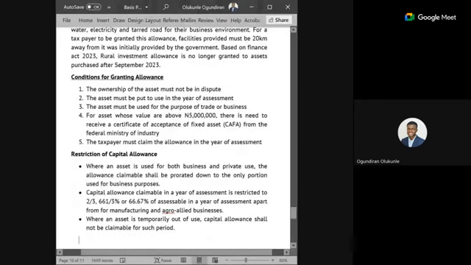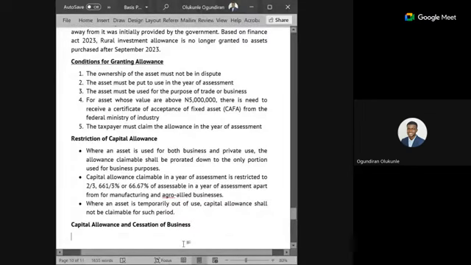Now let's look at one other thing, capital allowance and cessation of business. Are you with me? Are you getting anything from this class? Yes. Okay.